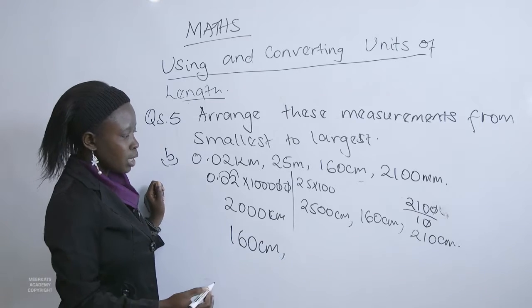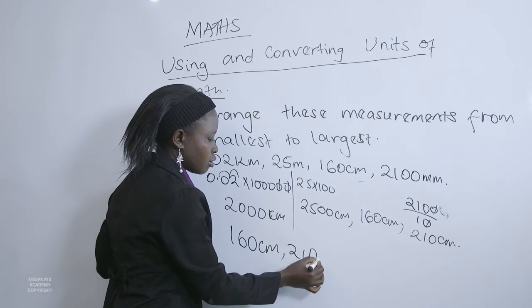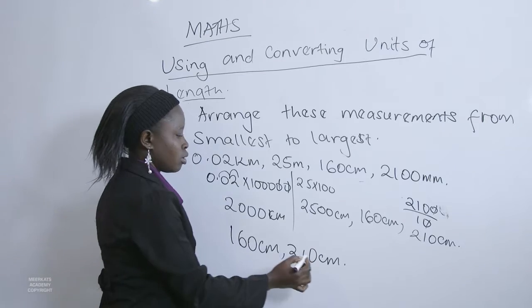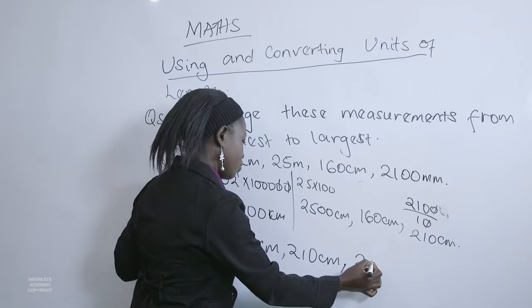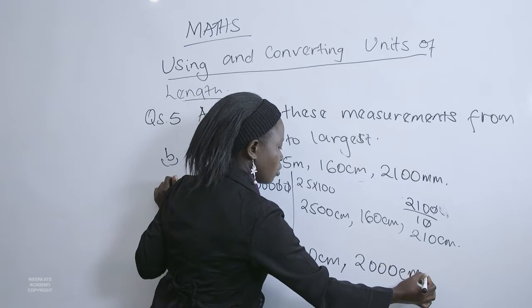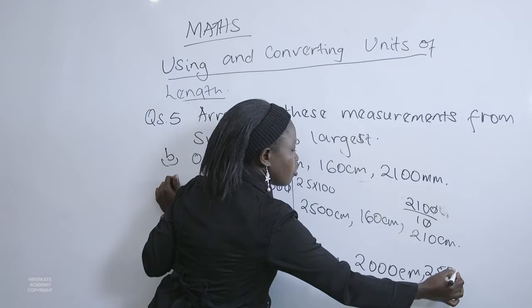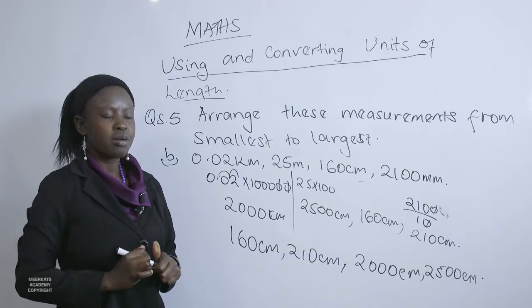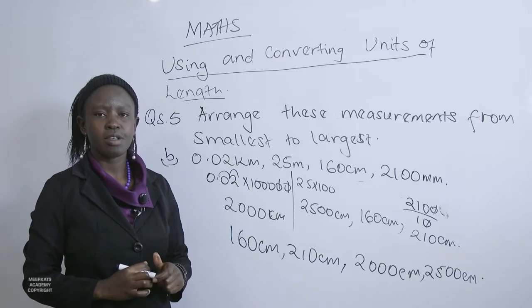It is followed by 210 centimeters. Then we have 2,000 centimeters. And finally, we have 2,500 centimeters. So we've arranged them when they are in the same units.